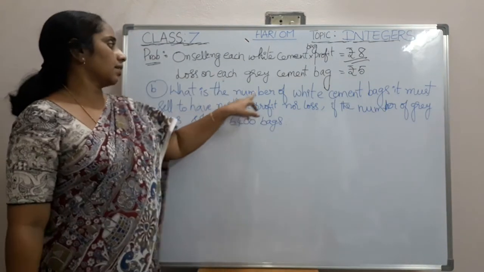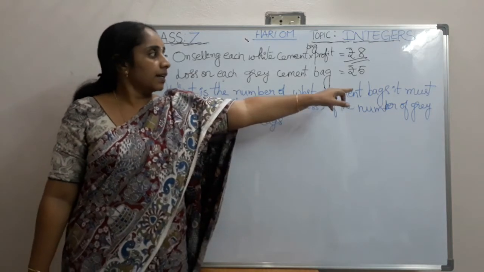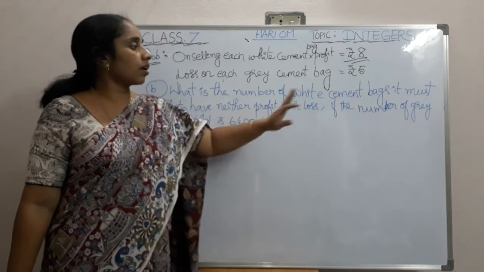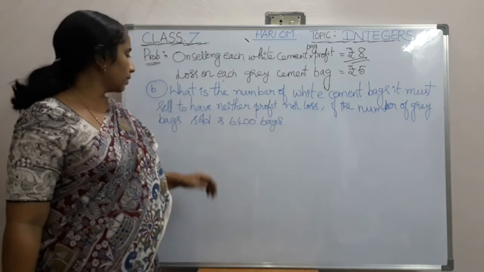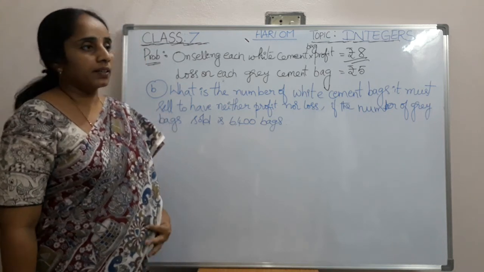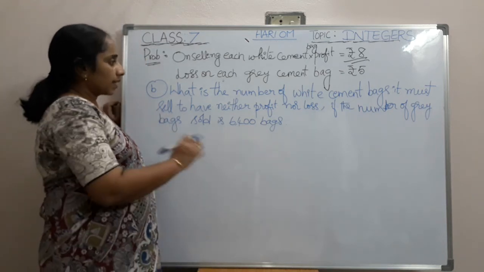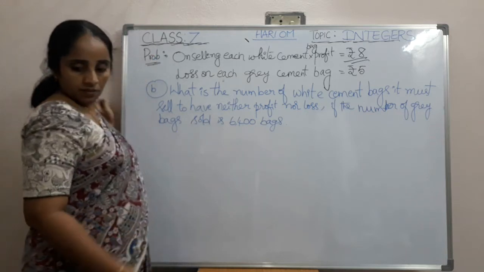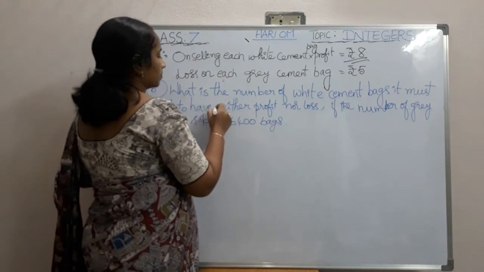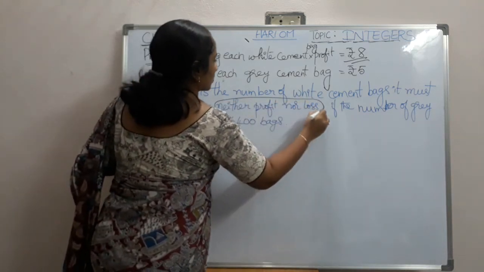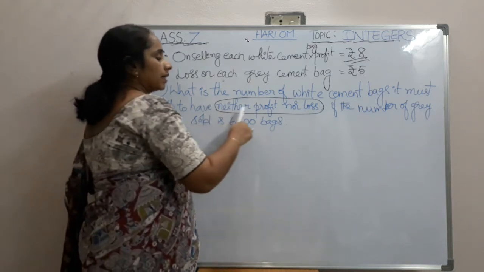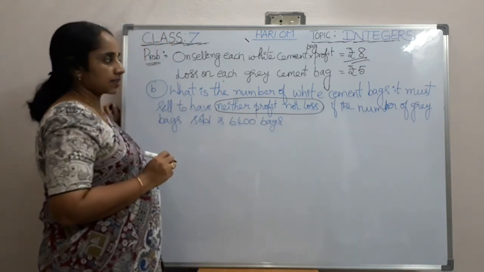Okay, what is the number of white cement bags it must sell to have neither profit nor loss if the number of grey bags sold is 6400? Here the condition is to have neither profit nor loss.